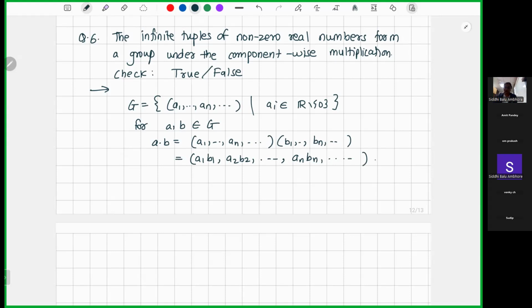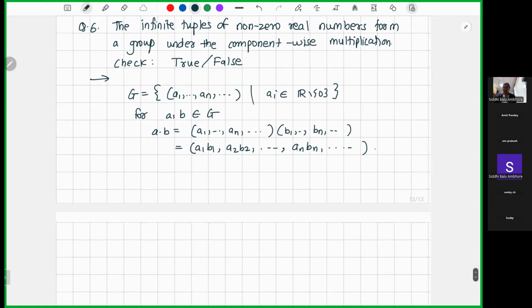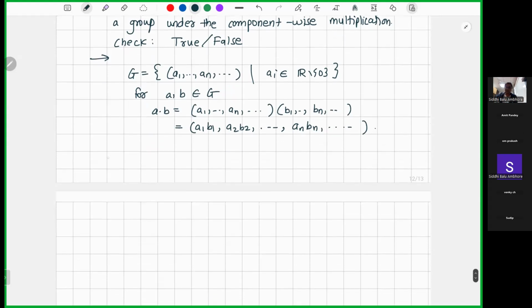This is my multiplication defined. So first, at each component, these ai, bi are real numbers, non-zero real numbers. So whenever I multiply them, I will get a non-zero real number at each component.